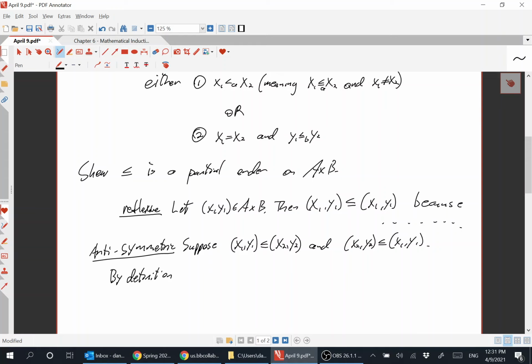Does it mean they're equal? Nope. The definition is right up above. x1 is less than in A, x2, or x1 is equal to x2, and then y1 is less than or equal to in B, y2.